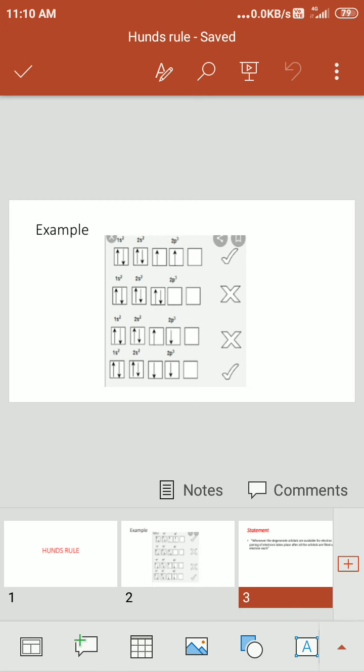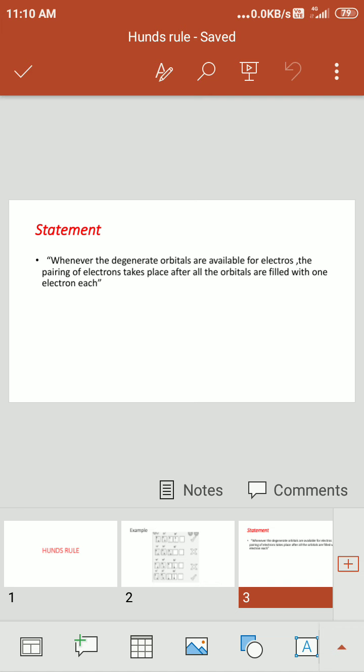The statement of Hund's rule is, whenever degenerate orbitals are available for electrons. What is meant by degenerate orbitals? The orbitals present in the same subshell have equal energies.